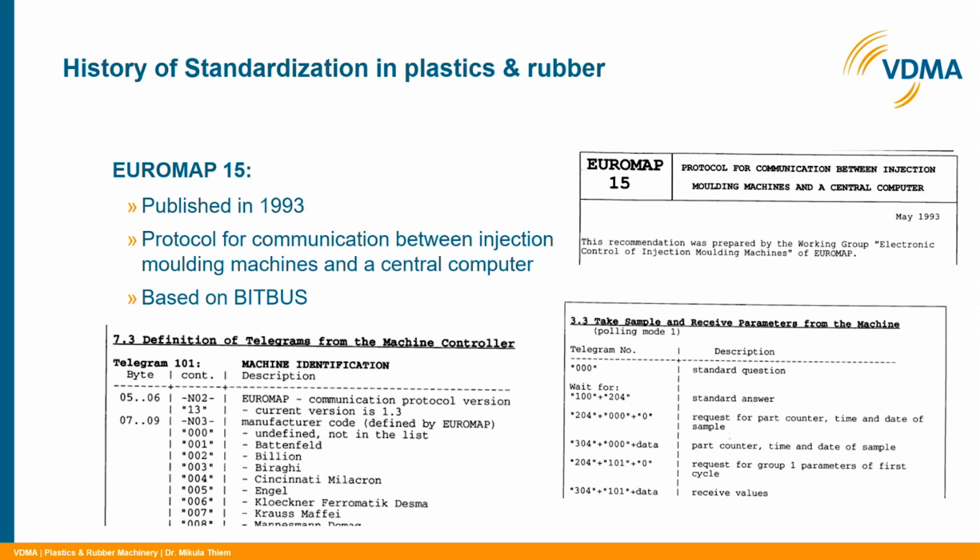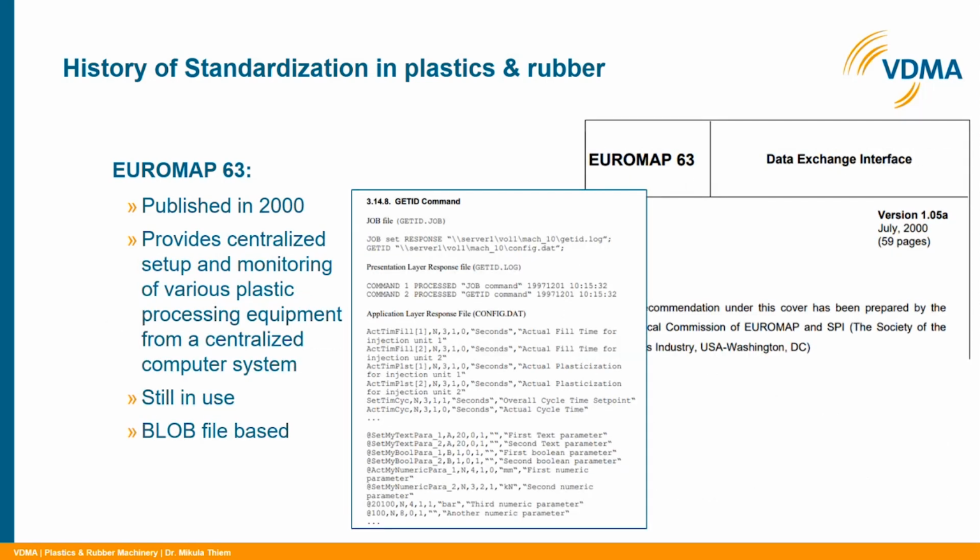And with computers getting more and more performant, there was a need to develop a new specification for data communication, and this was done in the year 2000 with the EUROMAP 63. This is a successor of the EUROMAP 15, and this is a file-based communication standard with a binary large object.